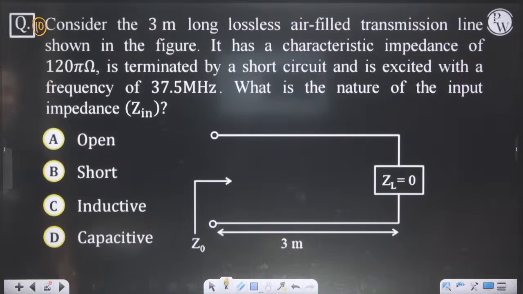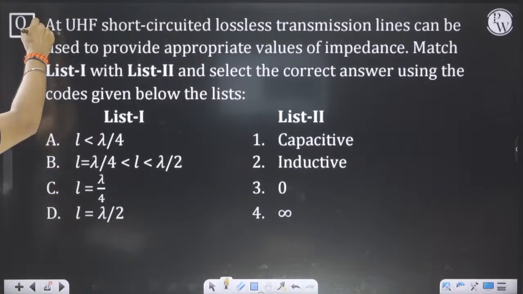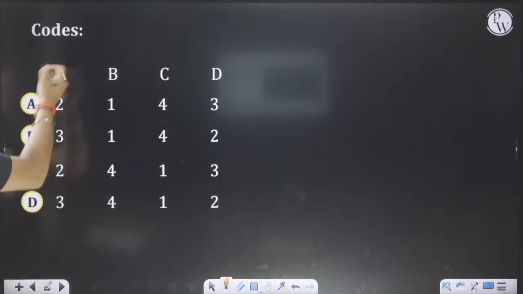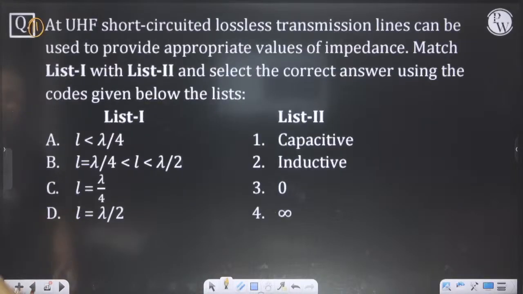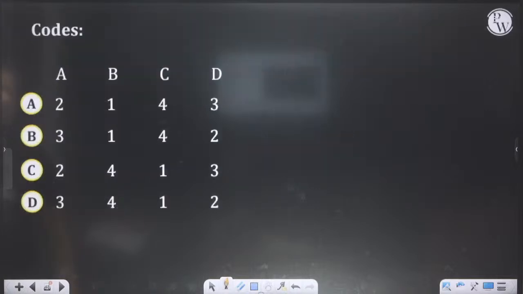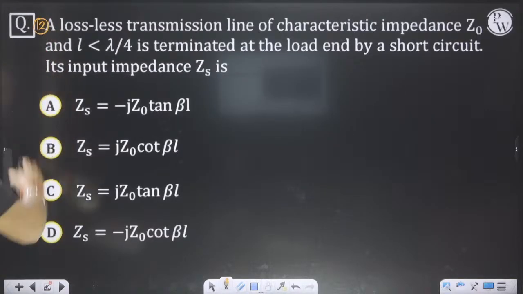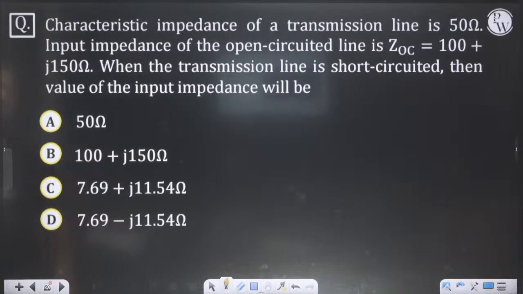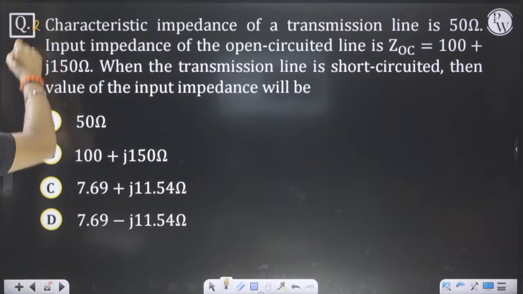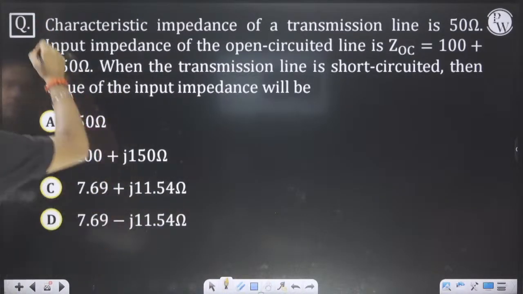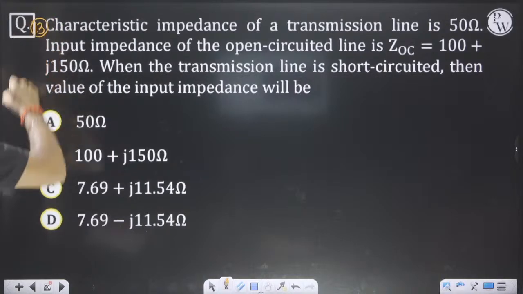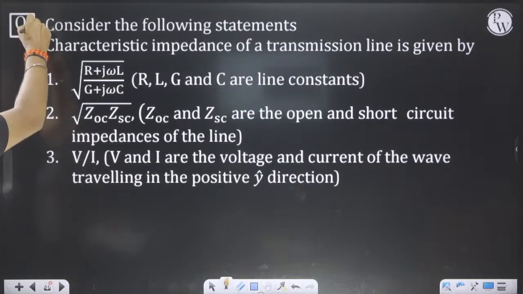You can pause the video and solve this question. This is question number 11. This is question number 12. This is question number 13. This is question number 14.